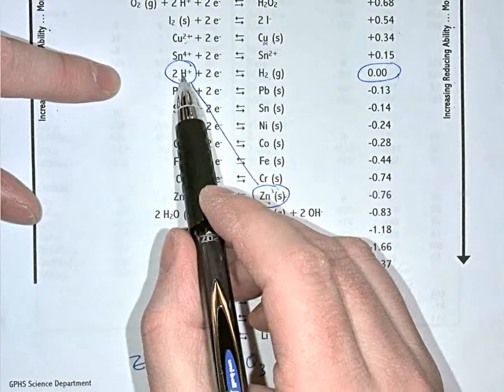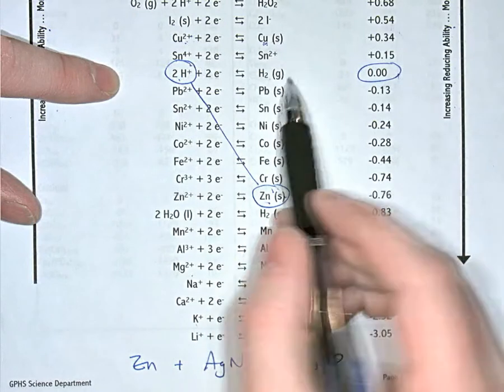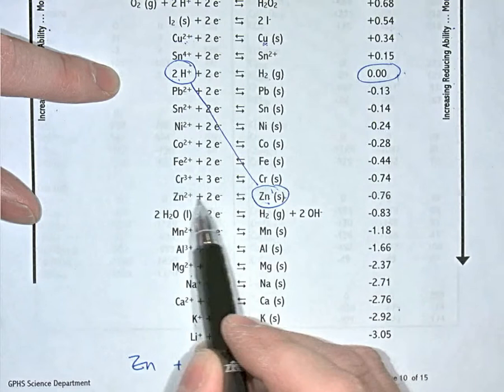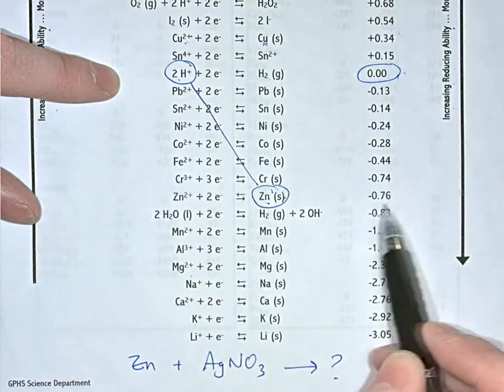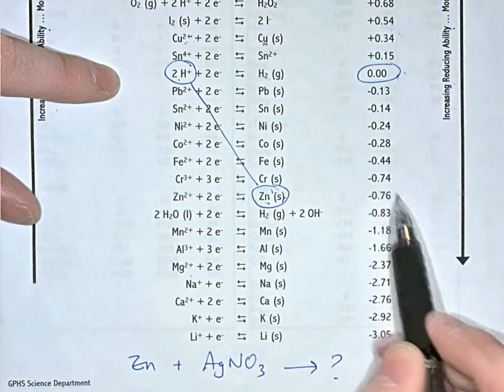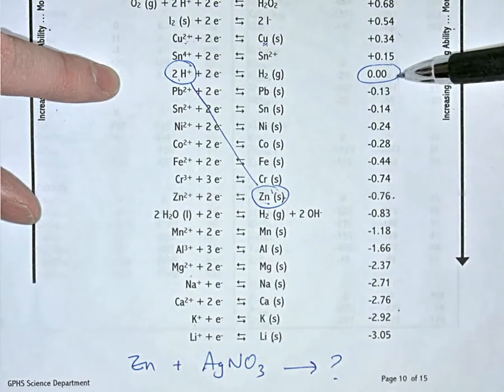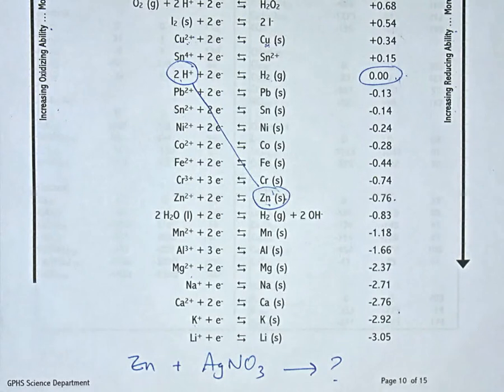Now you can look at that and say, well, if hydrogen ions are being reduced, its potential is 0 volts. If zinc is being oxidized, its potential would be positive 0.76 volts, reversing the sign of this. Combining those two numbers, positive 0.76 and 0, you get a positive cell potential, positive 0.76 volts overall.